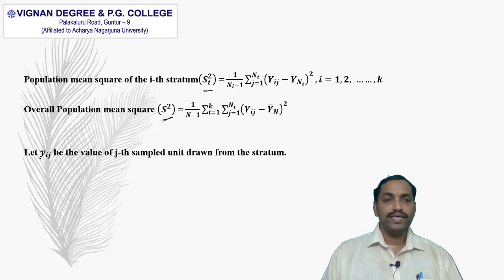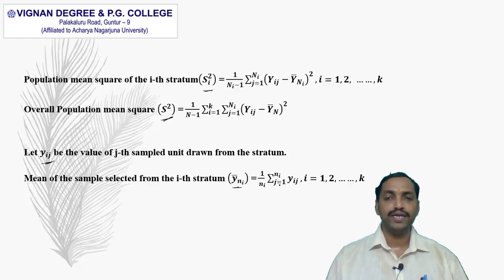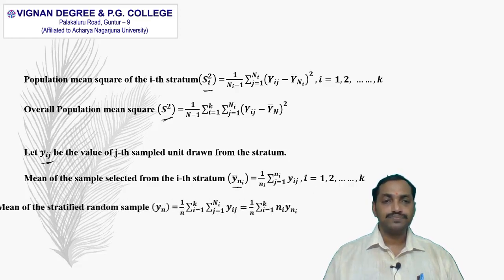Let small y_ij be the value of the jth sampled unit drawn from the ith stratum. So mean of the sample selected from the ith stratum is denoted by small y_i bar, which is given by the formula 1 by n_i into summation j equal to 1 to n_i y_ij, where i is equal to 1 to k.